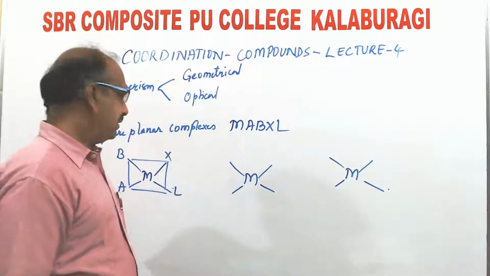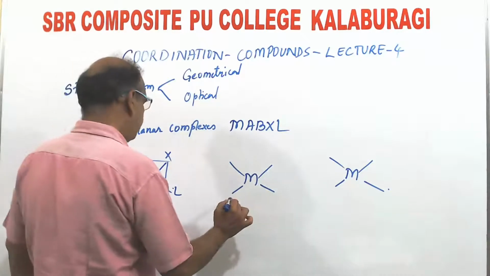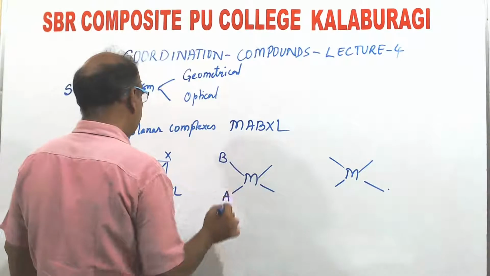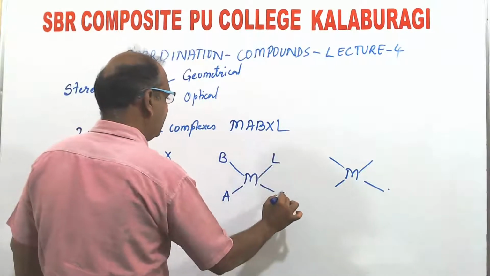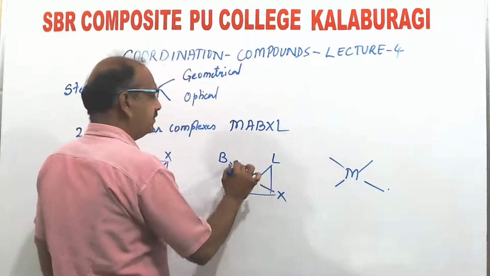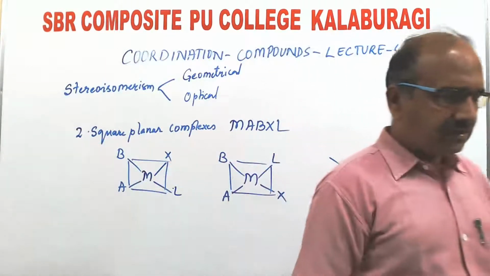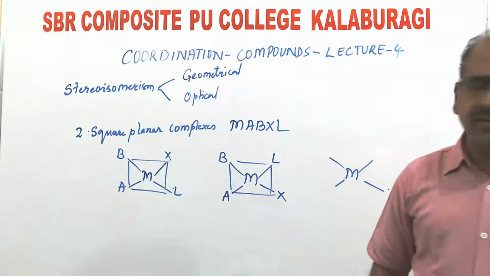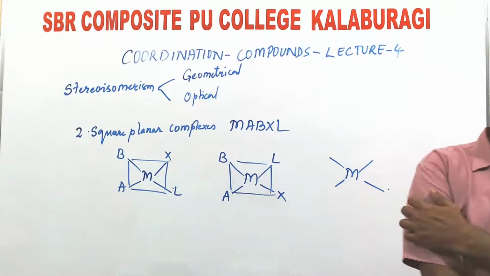This is one set. Then you change this: M here, A here, B you take here, and then this you make L, this X. This is another set of the coordination compound.